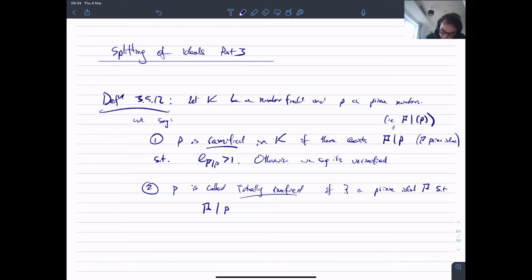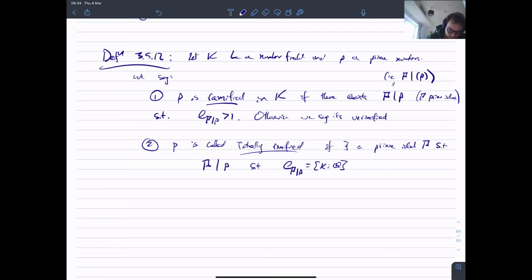So you have a prime ideal P dividing things such that the ramification degree is the degree of your field. So it's totally ramified if you compare this with this result, which told us the link between the residue degrees and the ramification degrees and the degree of the number field. This means that it's as ramified as possible. Yeah, this is totally ramified.